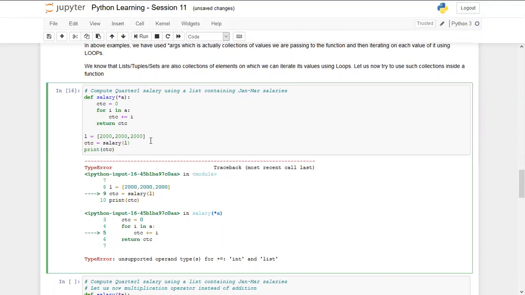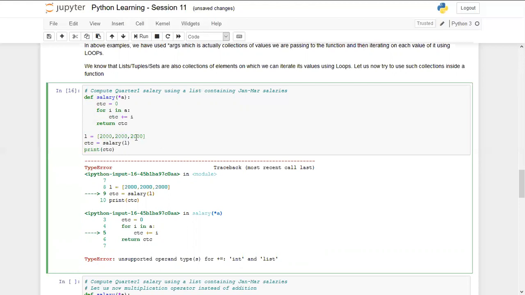So let's understand what is happening here. When we are calling with this list, it holds three values, right? And when we are passing this list L, you can see L is going to star A, and we are using A in the loops. So when we are iterating through A, the value it is getting is not individual values like 2000, 2000, and 2000.